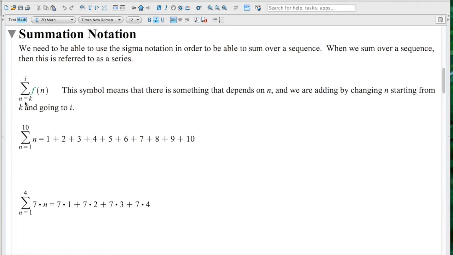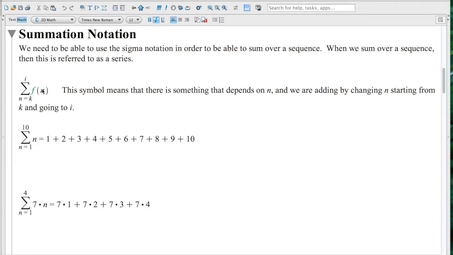So the first n will be given as k. k will walk through integers till it gets to i. It will walk through the integers in the positive direction. So for instance, if the starting point was -1 and the end point was 3, it would be -1, 0, 1, 2, and 3.